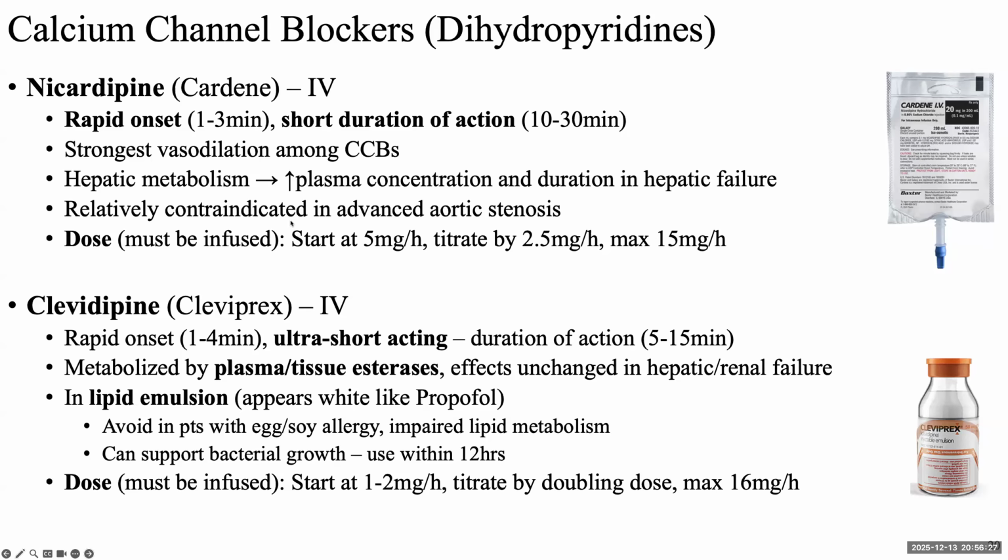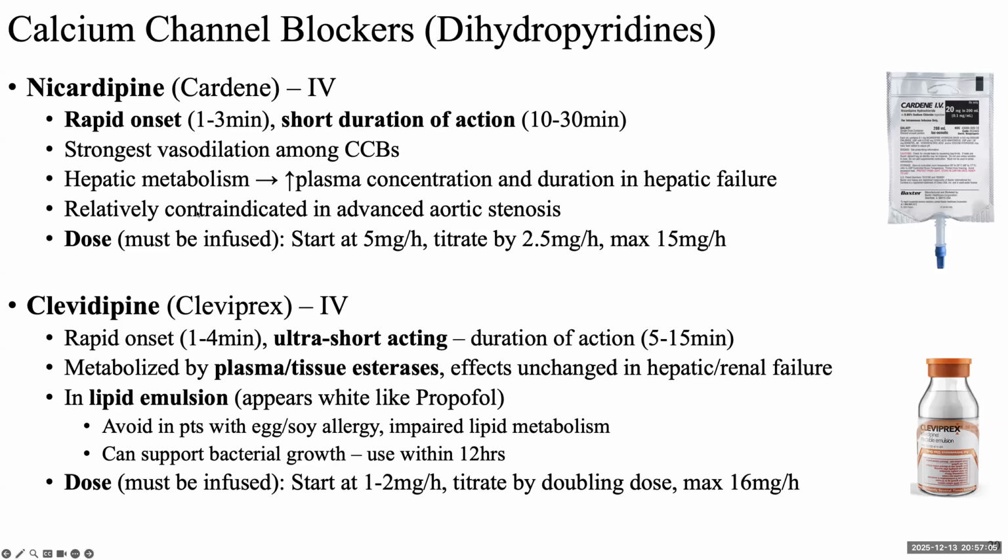Now, these drugs are considered relatively contraindicated in advanced aortic stenosis. So let's think about this. This makes sense because we have strong reductions in afterload. Remember, when you have aortic stenosis and you have blood exiting the aorta in a jet, right, through the narrowed valve at a high velocity, that makes it a lot harder to perfuse the coronaries unless you have a high afterload to counteract that high velocity jet going through the narrow aortic valve.